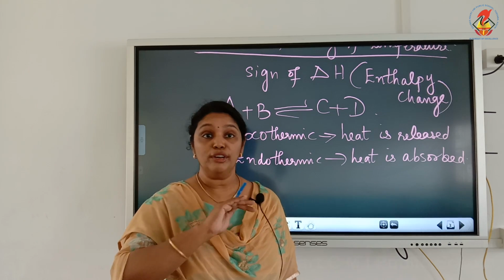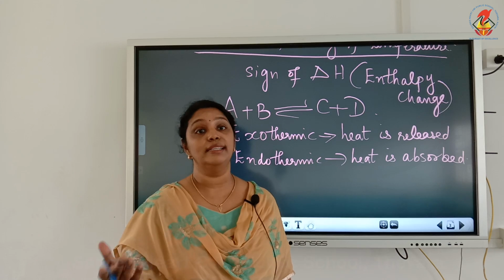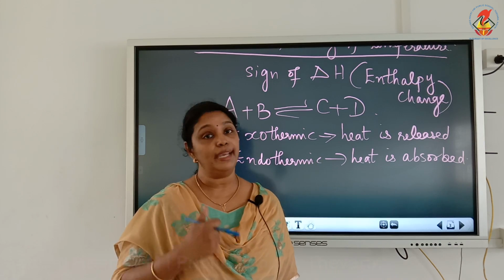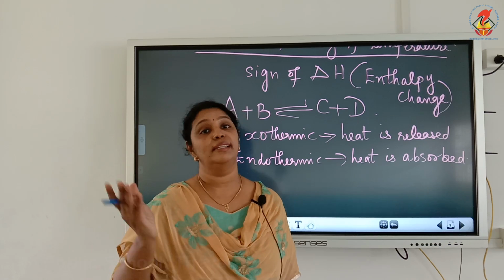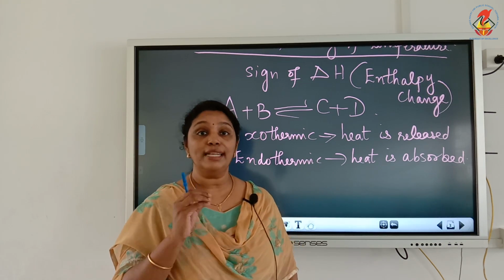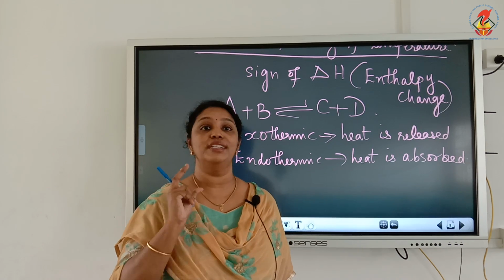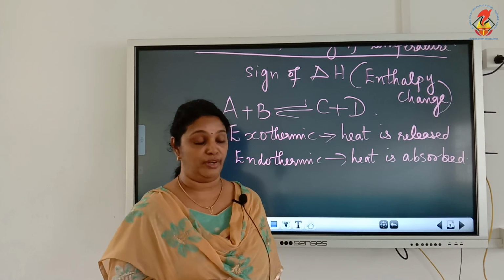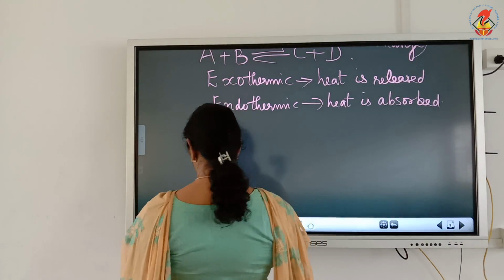If the forward reaction is exothermic, then the backward reaction will be endothermic. If the forward reaction is endothermic, then the backward reaction will be exothermic. Now let's see how the sign of delta H decides the effect of change of temperature.